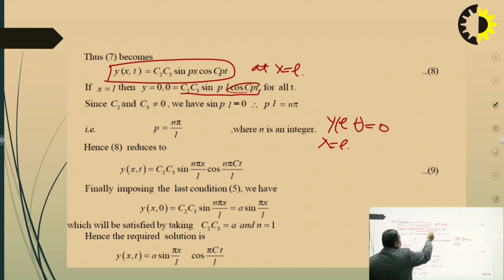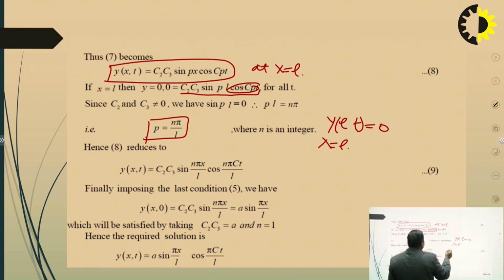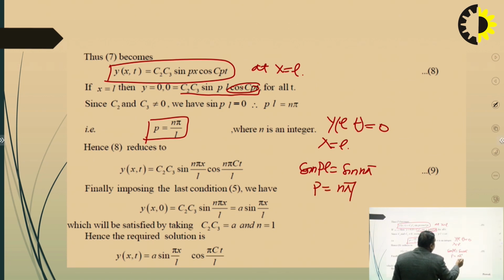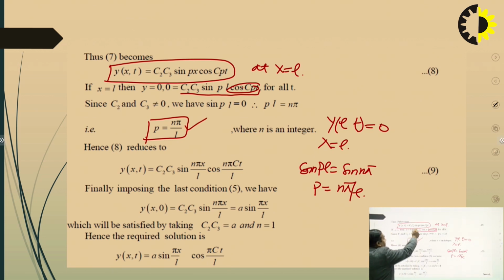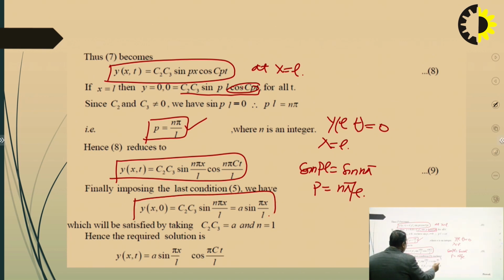This expression is not equal to 0, so sin pL must be 0, and p is equal to n pi upon L, since sin pL is equal to sin n pi. On putting this value of p in this expression, y(x,t) is equal to c2 c3 sin n pi x upon L cos n pi ct upon L.